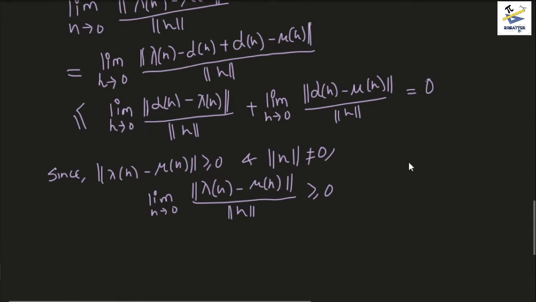Now if we name the two conditions 1 and 2, in one of the conditions it is less than or equal to 0, and in the other it is greater than or equal to 0. It's more like a sandwich theorem.